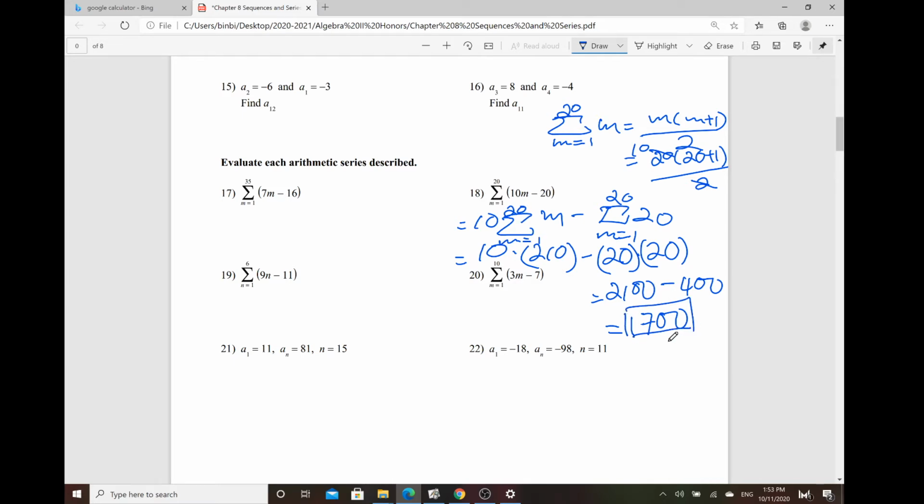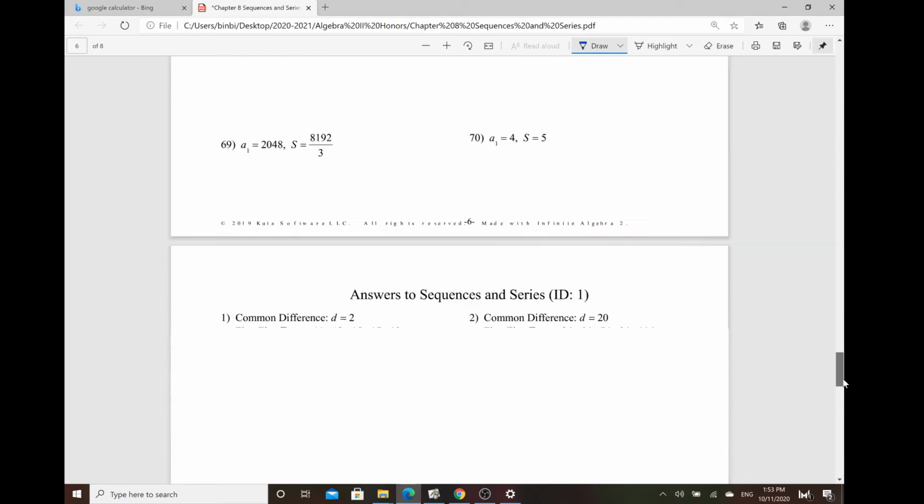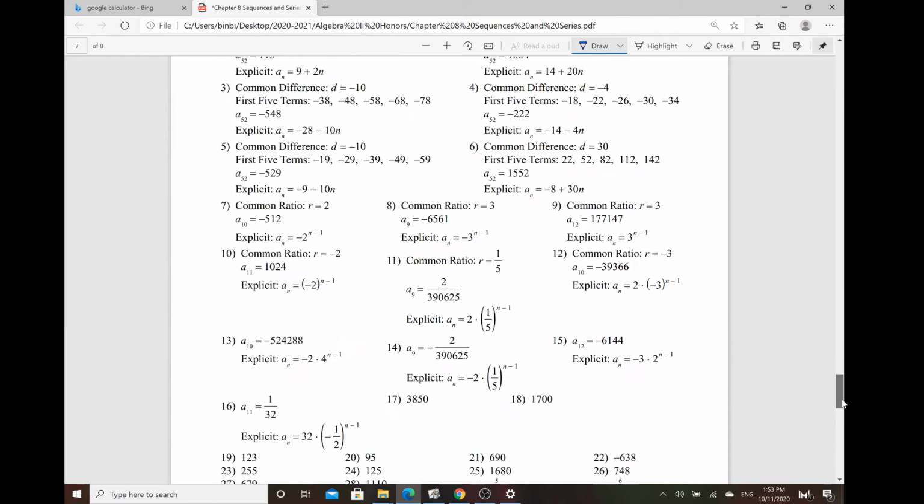So that means this is the sum of this arithmetic pattern for the sigma. Okay, so now number 18, let's check that work down at the bottom. Here's what we found.